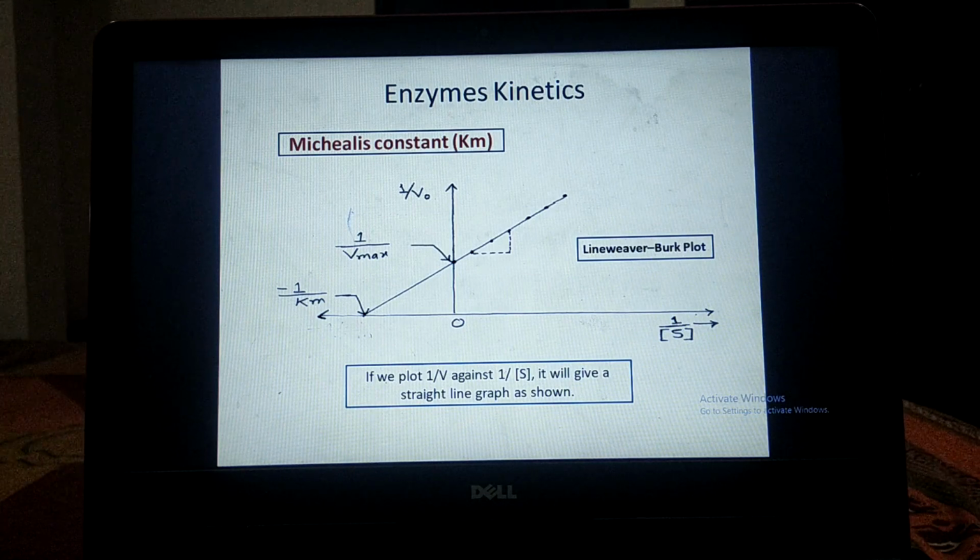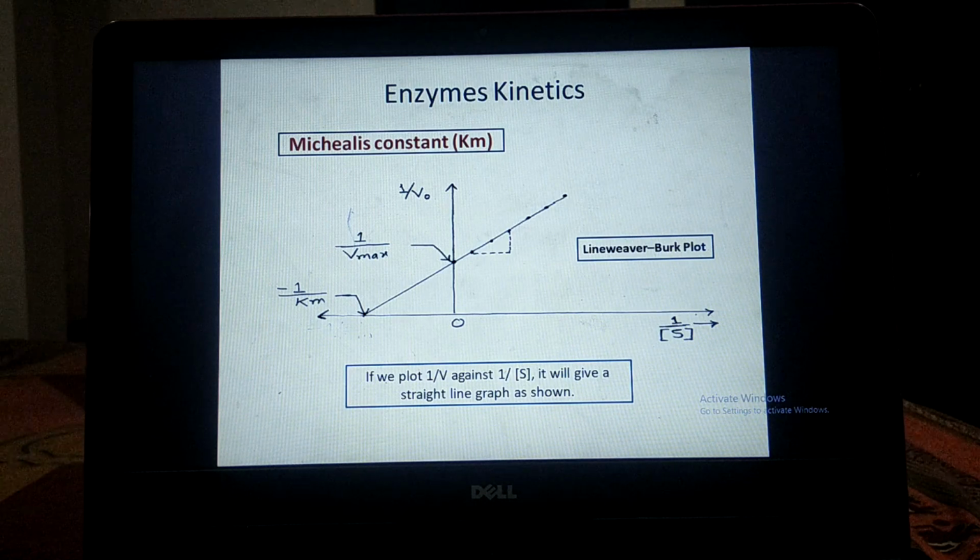After taking these points on the x-axis and y-axis, we take particular substrate concentrations and plot the points. After plotting the points, we join them with a line. Then we extend this line backward on the negative side of the x-axis to cut the x-axis on the negative side also.